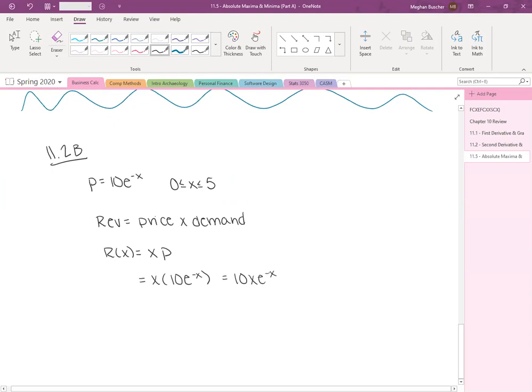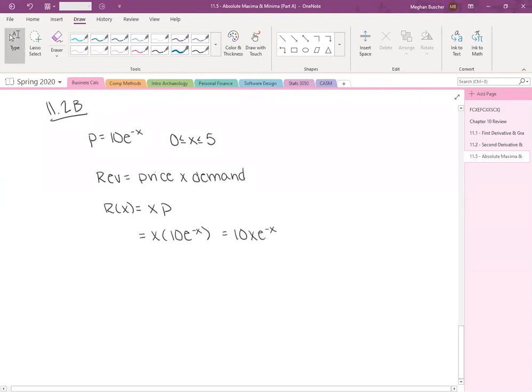We want to find local extrema for this function. Okay. So same as we did before, to find local extrema, we need critical points, right?